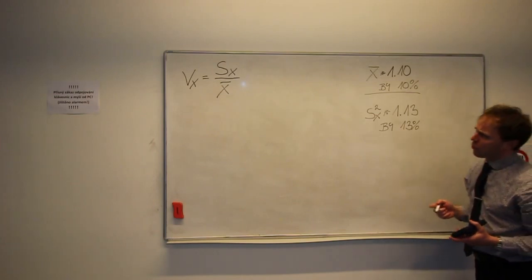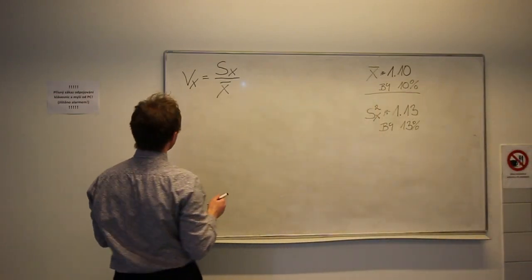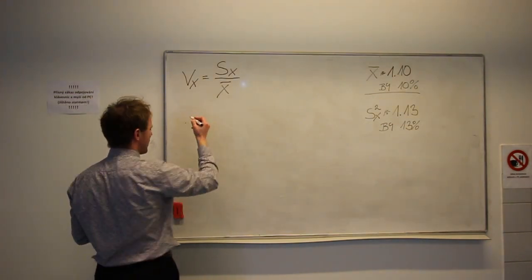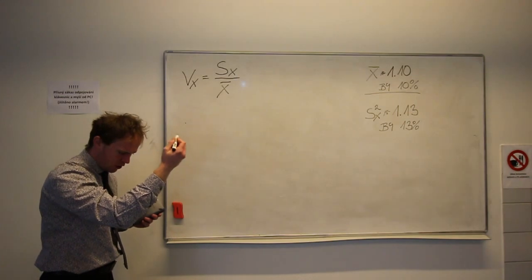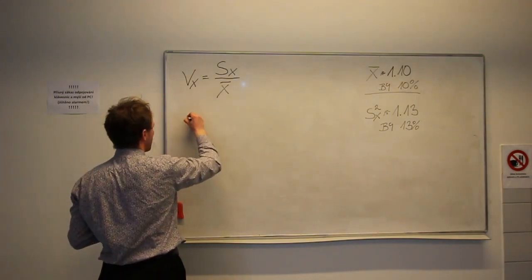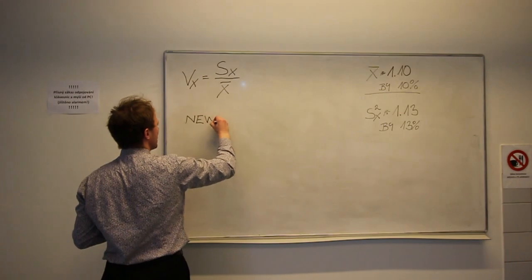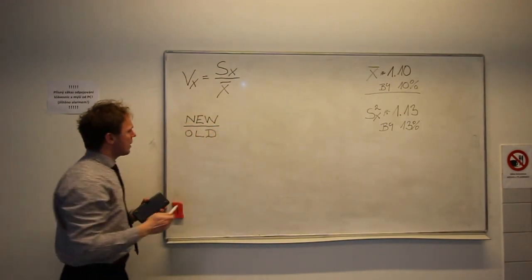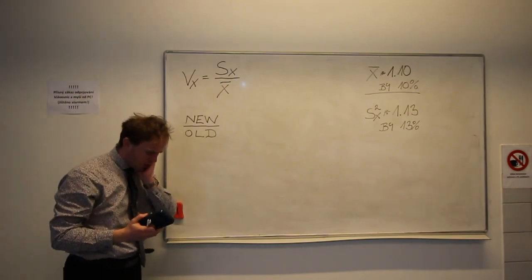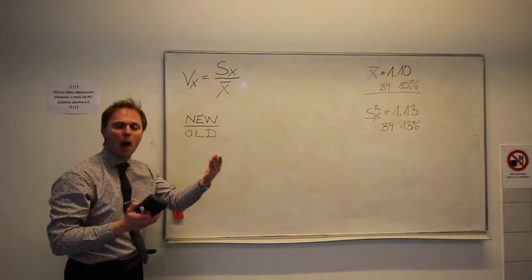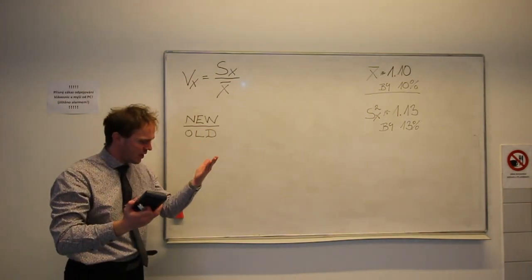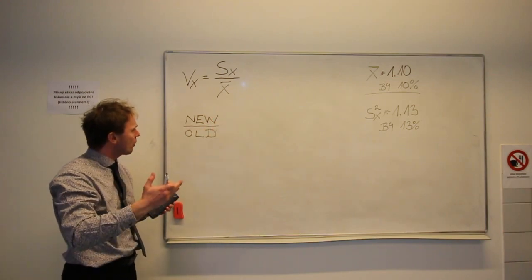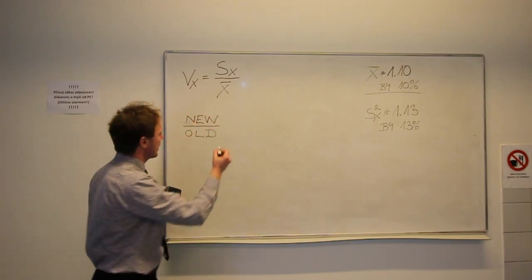You know how to calculate the ratio, the change, like new divided by old. This is the same in economy: you speak about the change of supply, change of demand, change of prices, and each change is calculated as a ratio, new divided by old.